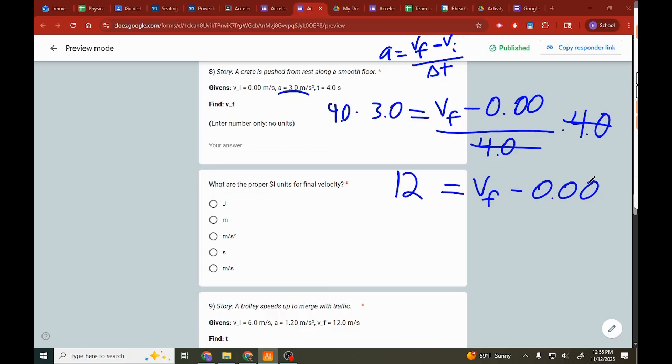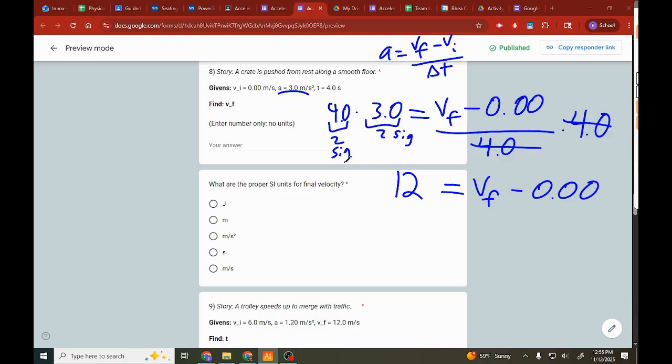That's because with multiplication, you get your result to the same number of sig figs as your least precise value, or the least number of sig figs. But in this case, they both have 2 sig figs. So our answer should have 2 sig figs. 12 already does, so I don't need to change it.